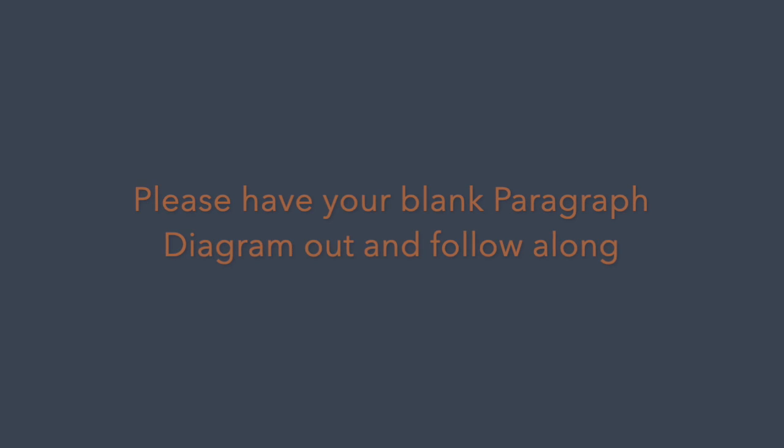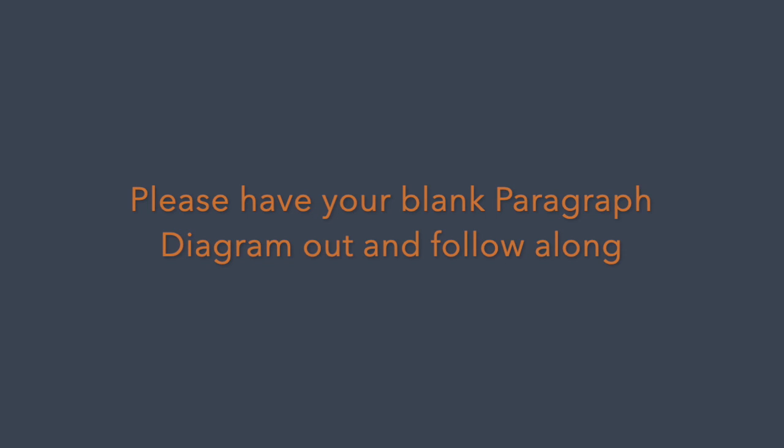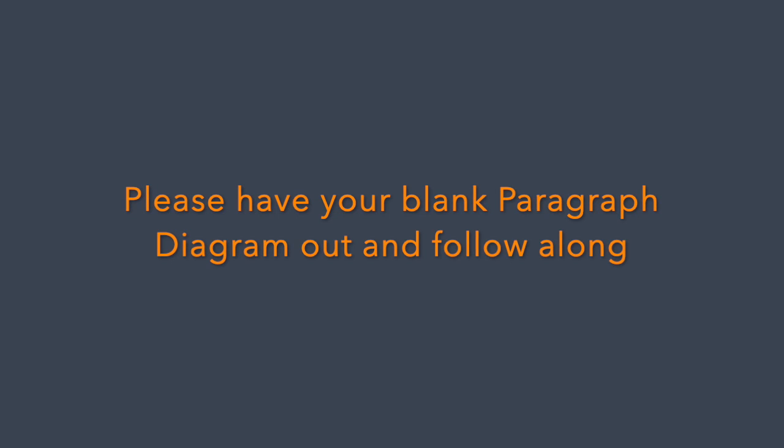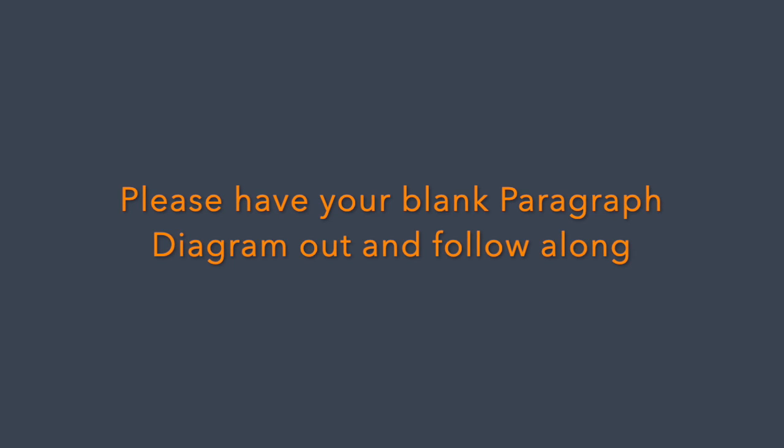A transition word will be used when you introduce a new detail. So, you will be using a transition word when you go from detail 1 to detail 2, and then again from detail 2 to 3, and then 3 to 4. So I want you to go ahead using your example of the classroom or your room and figure out what your first item was, and then think about the transition word you're going to use to get to the next.